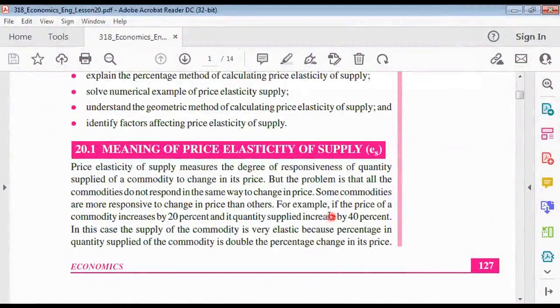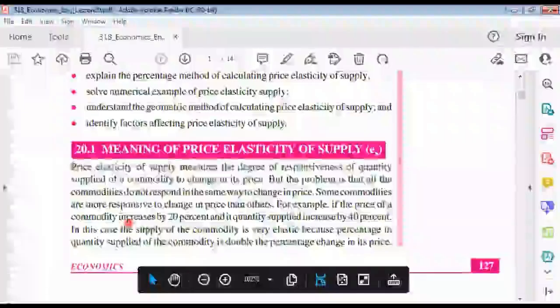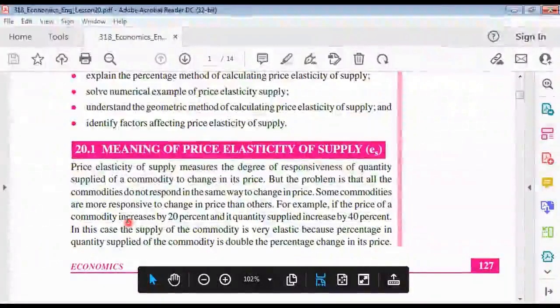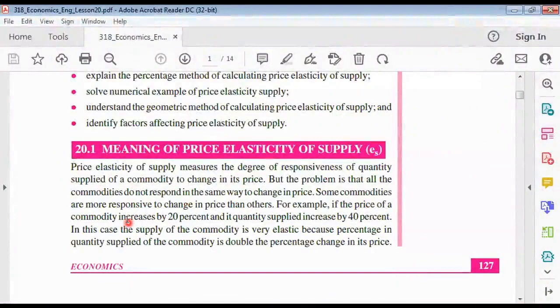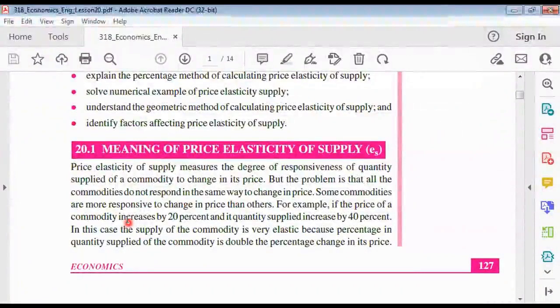Meaning of price elasticity of supply. In the very first two lines, you'll find the definition: price elasticity of supply measures the degree of responsiveness of quantity supplied of a commodity to change in its price. It is absolutely similar to the definition of price elasticity of demand.